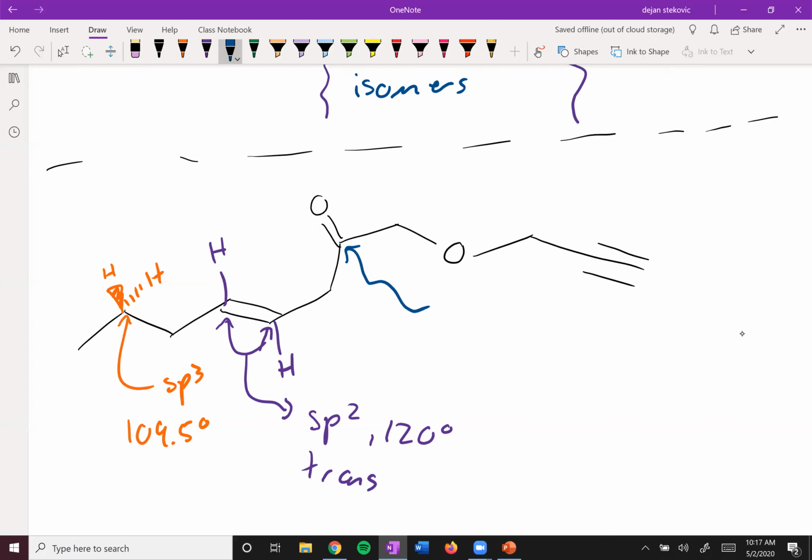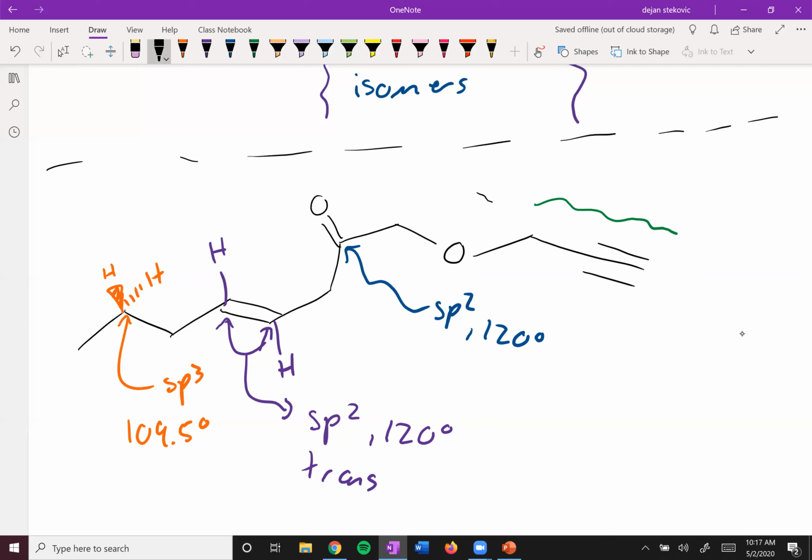Think about this carbon right here. It's shown with 4 bonds, so it can't form any more than 4 bonds. It's got 3 things attached to it, so that's sp2 hybridization. And again, these bond angles are 120 degrees. And then think about this component over here. What does this look like?